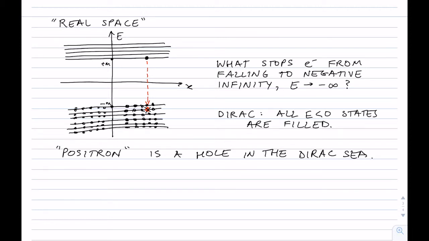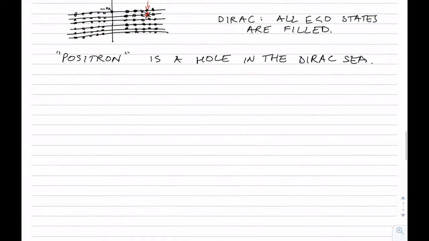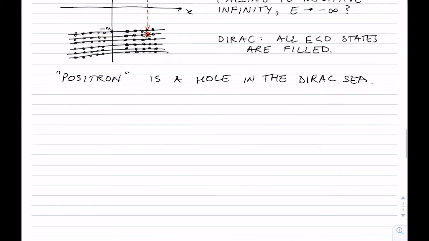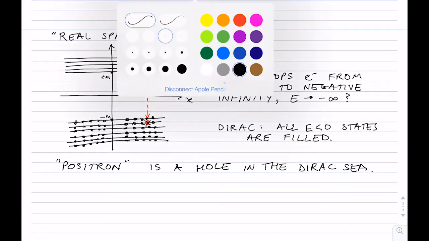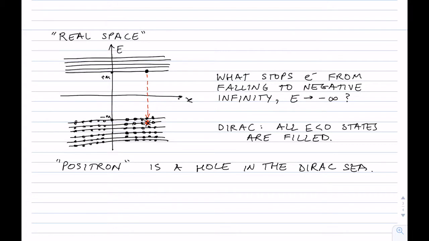So if you imagine some light comes along, maybe I'll just use the same diagram. You've got some blue light. It comes in from the side here and it excites one of these electrons from here up to there.